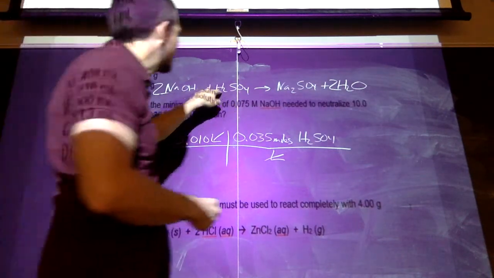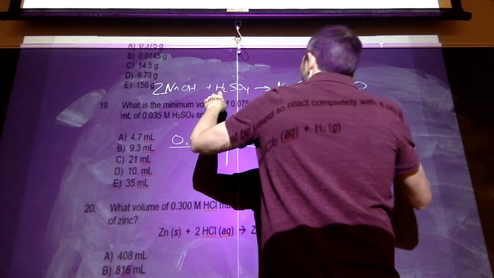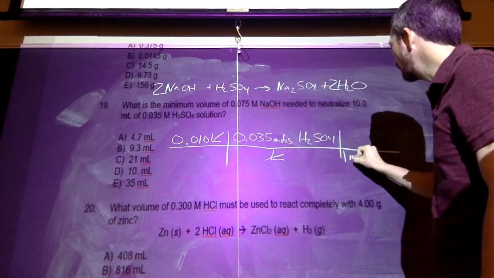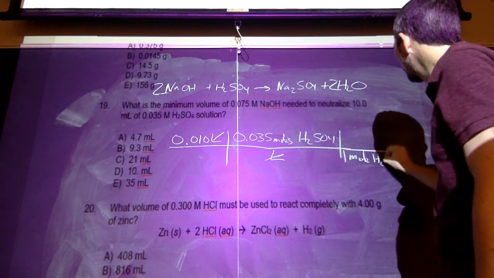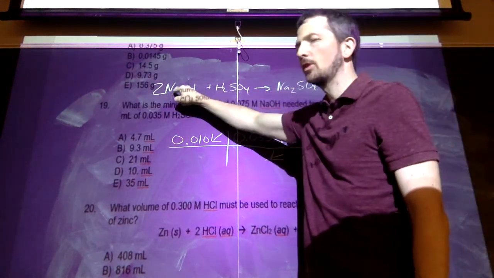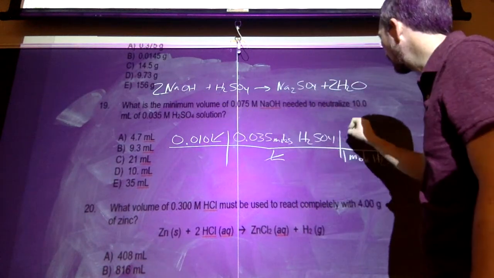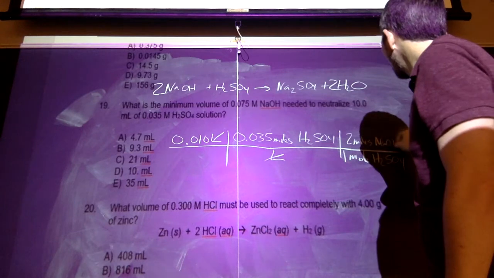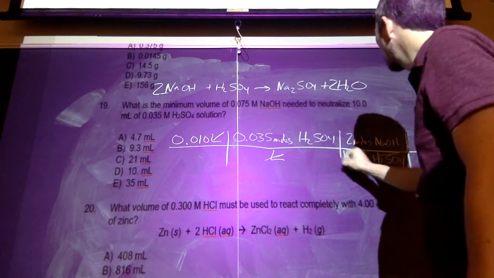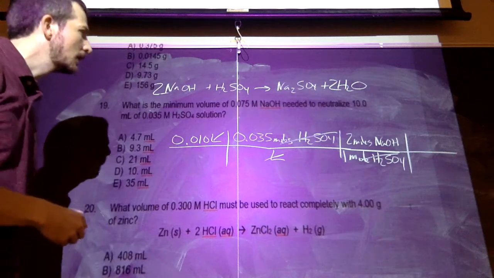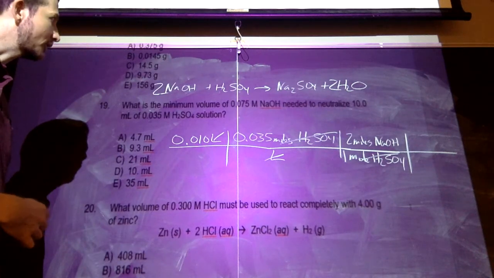So balanced equation, moles of H2SO4 is on top here, so I need it on bottom here. 1 mole of H2SO4 requires 2 moles of sodium hydroxide to neutralize it. So that gives me my moles of sodium hydroxide.